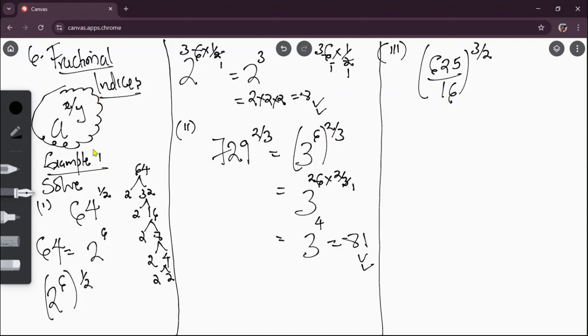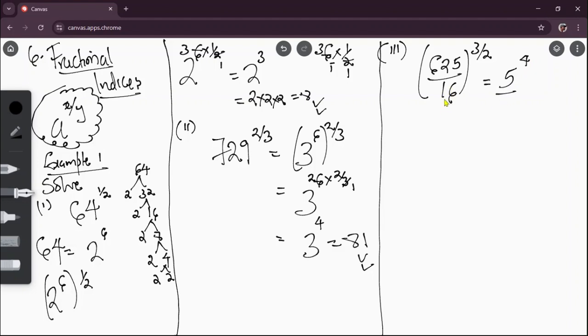I'll come here and interpret, get the factors of 625, write it in power form. What is 625 in power form? If you work it out, you'll realize that this is the same as 5 power 4.